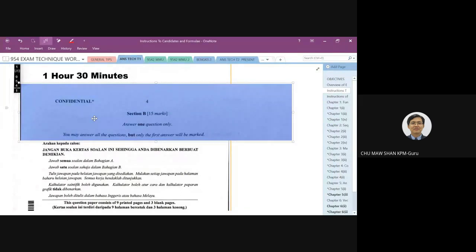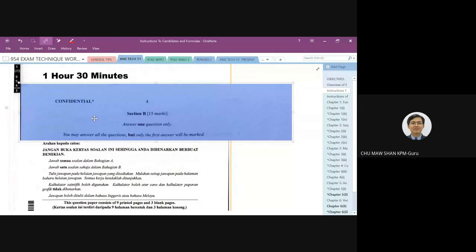So let's say number 8 you put at the front, number 7 you put at the back. Even if number 7 gets a higher mark, normally we don't mark it. When we see question 8 in the front and question 7 at the back, we mark question 8 only.